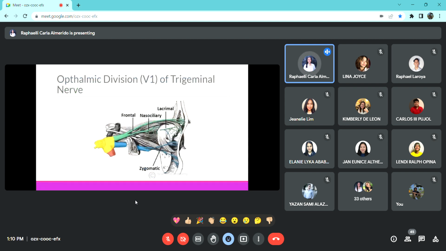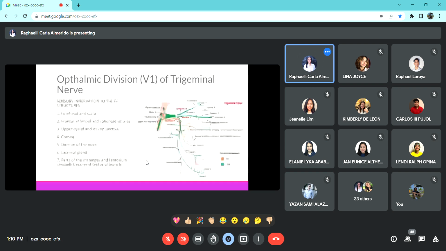So let's now go to V1. So V1 has three major branches: your frontal, nasociliary, and your lacrimal nerve. Okay, so all of these nerves are afferent nerves or purely sensory nerves. Okay, and with regards to the general overview, what are the structures it innervates?